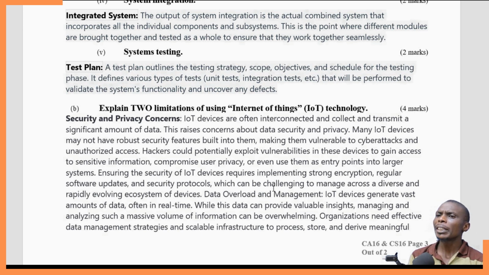They transmit this data to various destinations, and this can raise a concern about the security and privacy of this data, because these devices may sometimes not have a robust security feature built in them. So they can be vulnerable to cyber attackers and even those people who might be looking for a way of accessing data without authority. So security and privacy concern is a big deal with IoT systems.